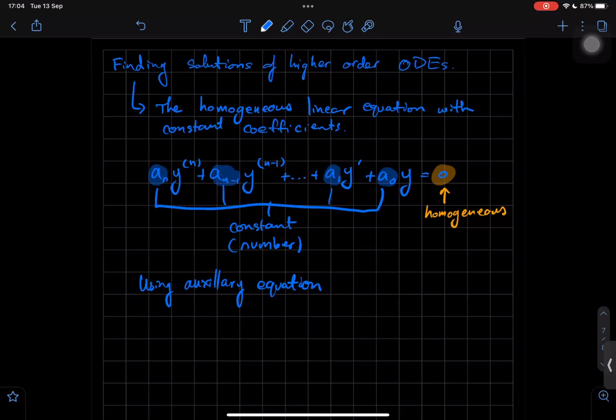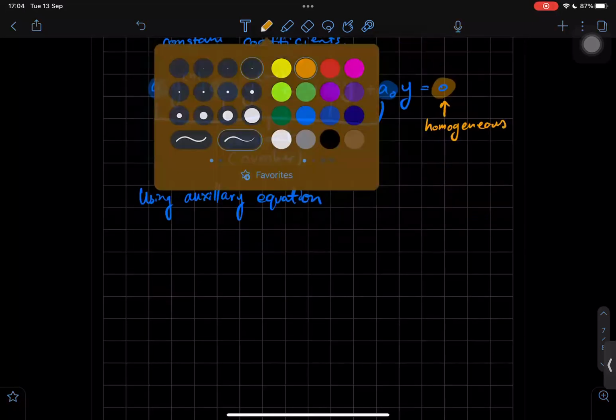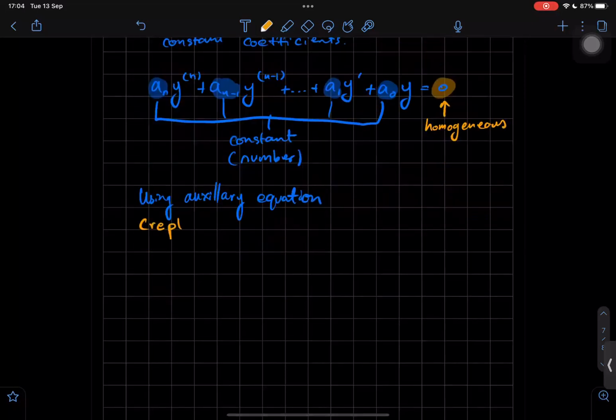You replace y^(n) with r to the power of n. So the n-th derivative of y, you replace it with r to the power of n.